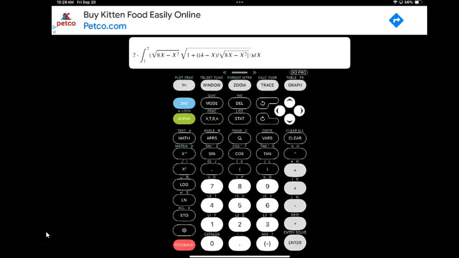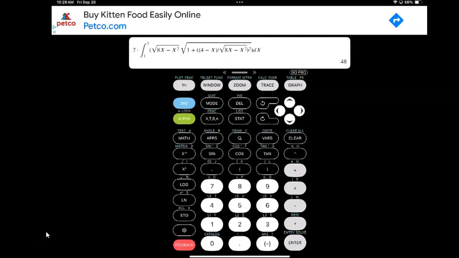Close my parenthesis, and that's all squared. And now I'm ready to work this out. That gives me an answer of 48 exactly, which tells me that worked out pretty well.